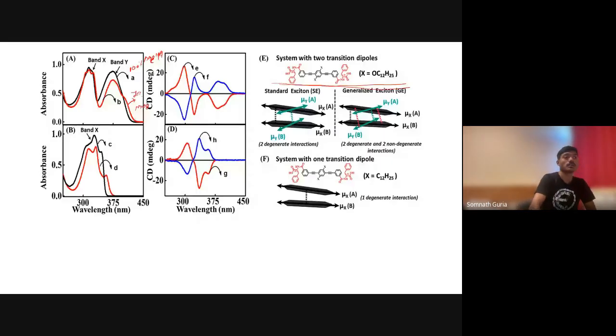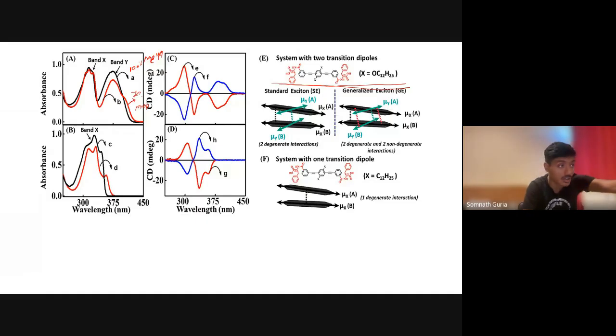But this molecule will not show CD activity in the region around 300 to 450 nanometer by itself, because these molecules don't have any chiral center responsible for the CD activity.